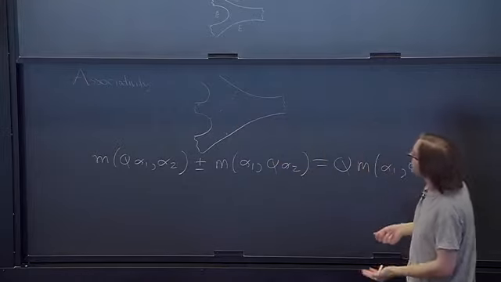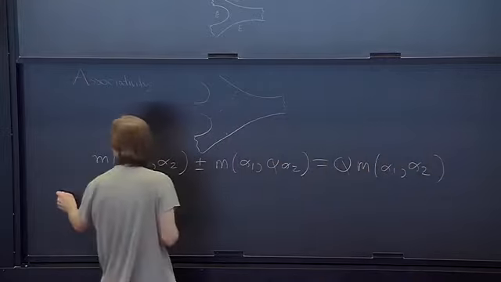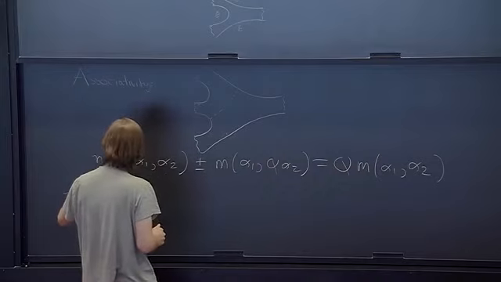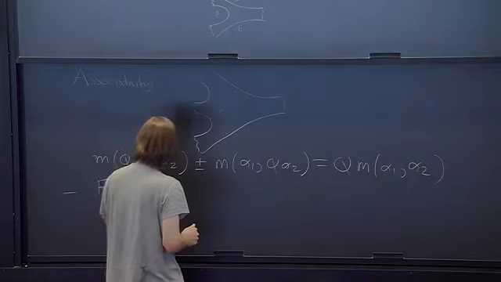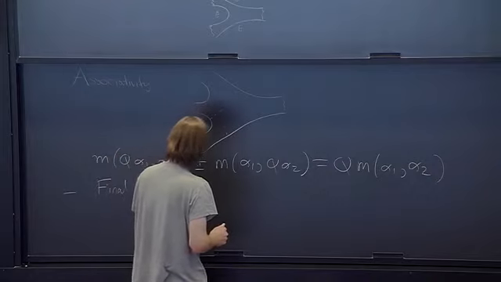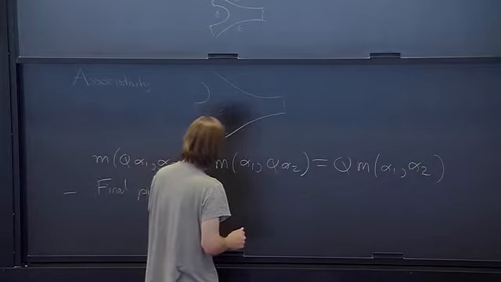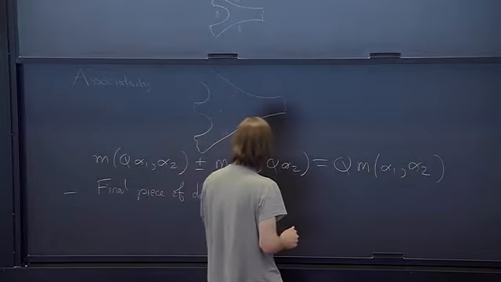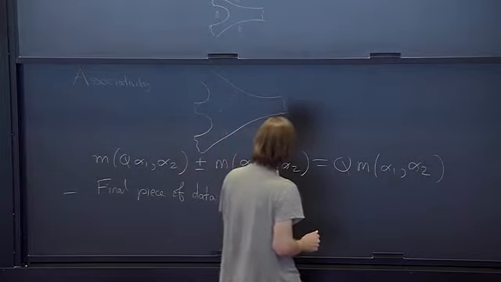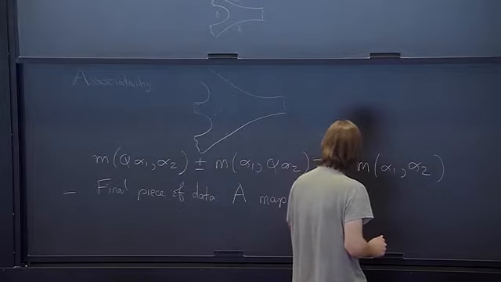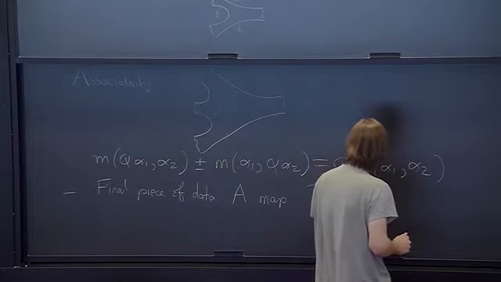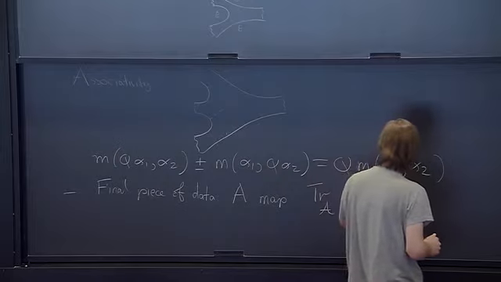And the final piece of data is a map, which I'll write as the trace in A, which goes from A in degree 3.